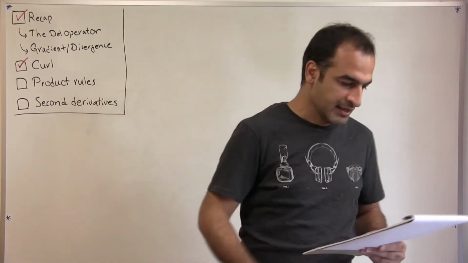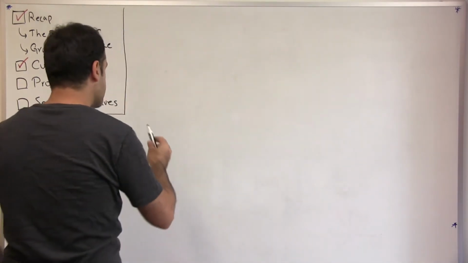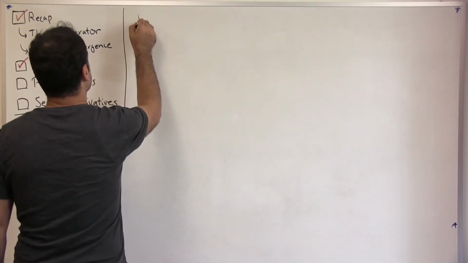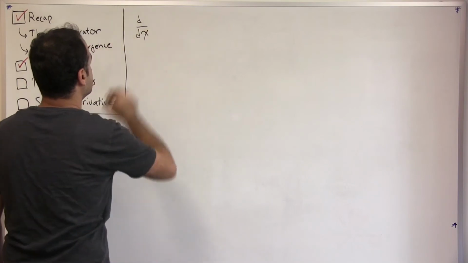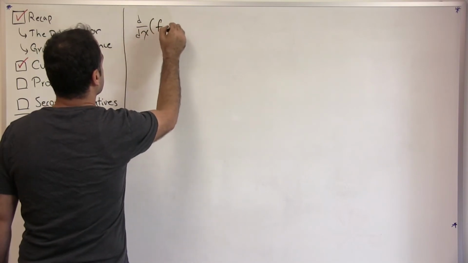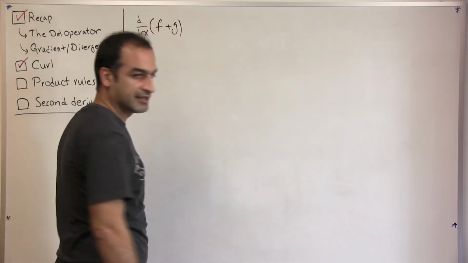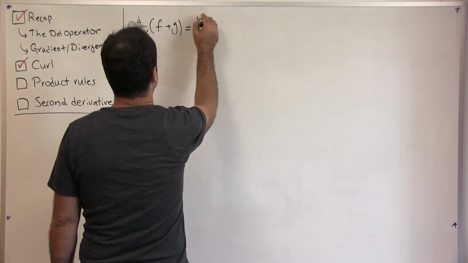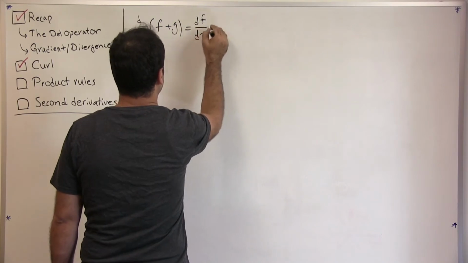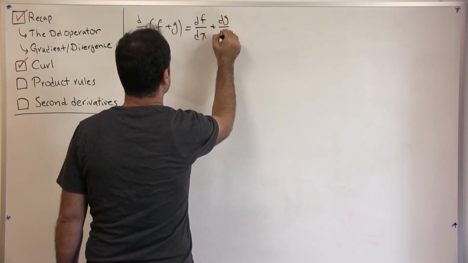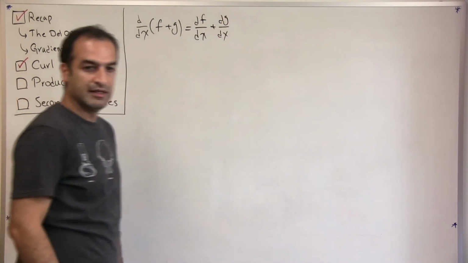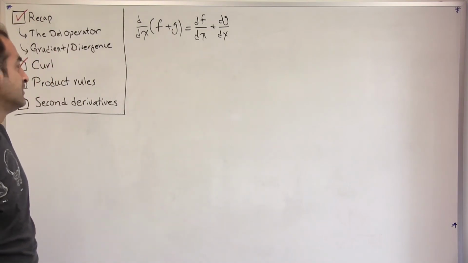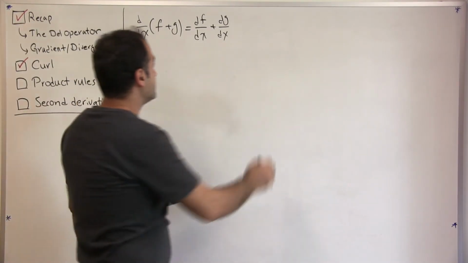Okay, so for a simple derivative, if we take the derivative d over dx of adding two functions together, okay, you know that becomes df dx plus dg dx, okay. The same rule applies to gradient, divergence, and curl.